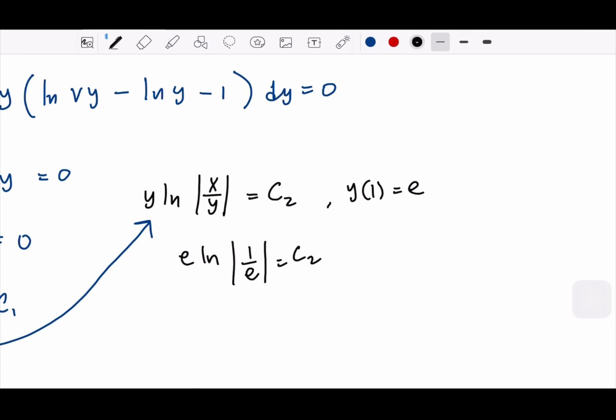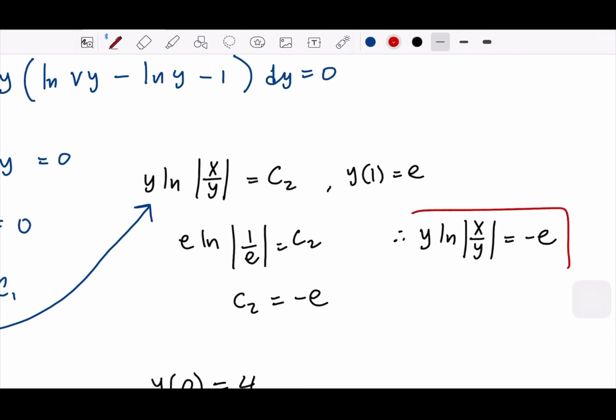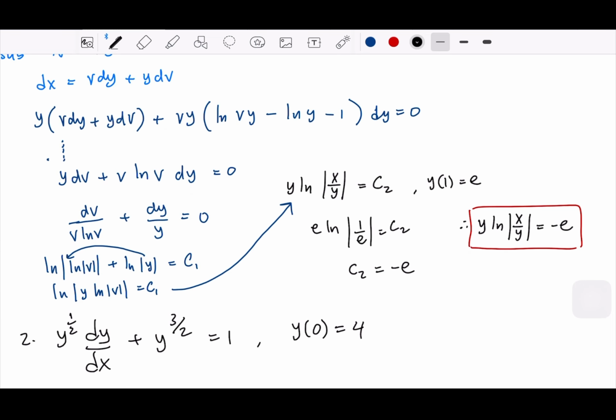So this is minus 1, e minus e, right? Okay. So we get the solution is y ln x over y equal to minus e. But this is an implicit solution. But I think I will just skip this. Yeah, I think it really takes time.